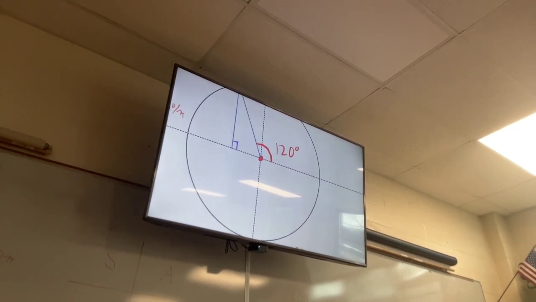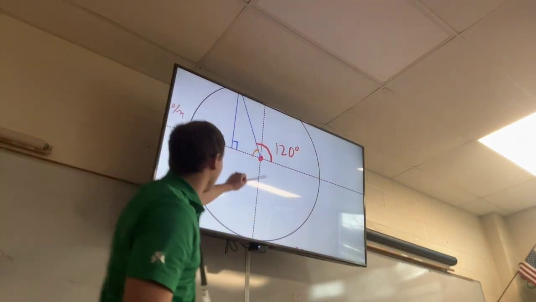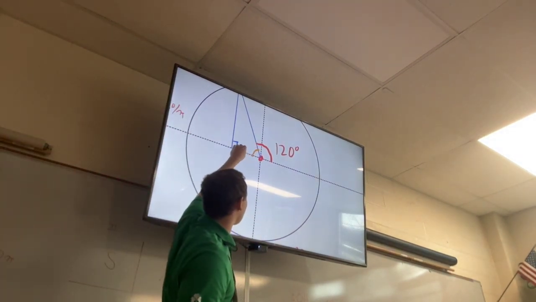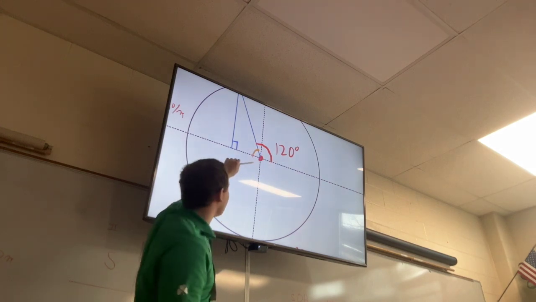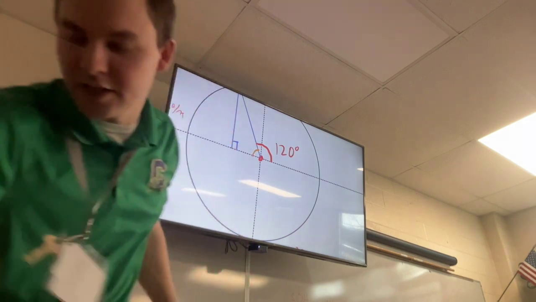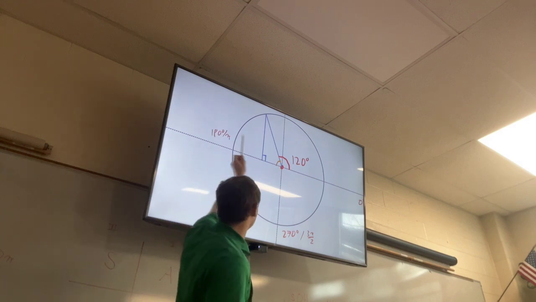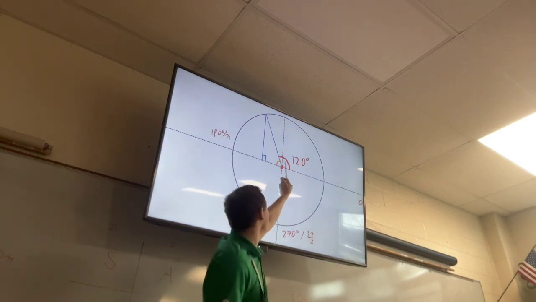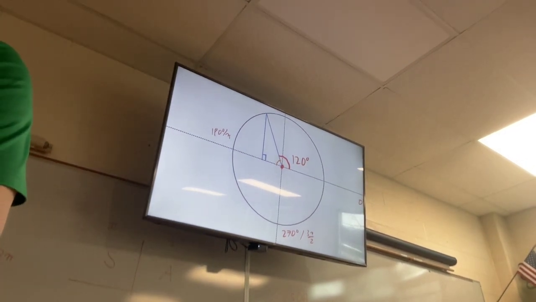Then I have to figure out what that special triangle analog is going to be. What's this angle right here? That's always going to be the angle that my right triangle forms next to the x-axis. This angle is going to be 180 degrees minus 120 degrees, so this orange angle is 60 degrees.